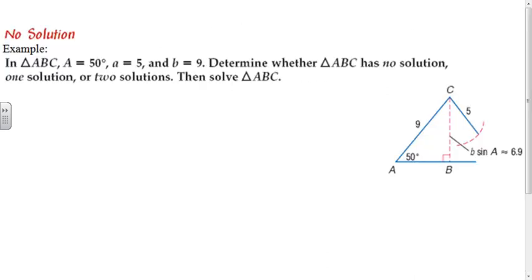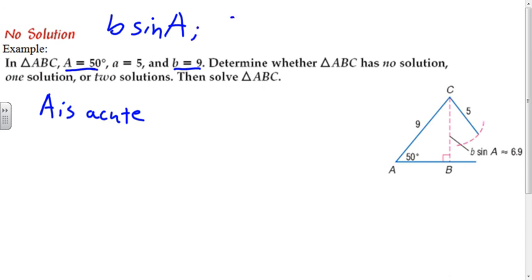What happens, though, in a situation where we possibly don't have a solution? So in this case, they've already given you the picture, but let's say we did not have the picture, and we just wanted to determine from our angles here. So A is acute. So when it's acute, we have to judge off of B sine A. So B sine A, punch B is 9 and A is 50.